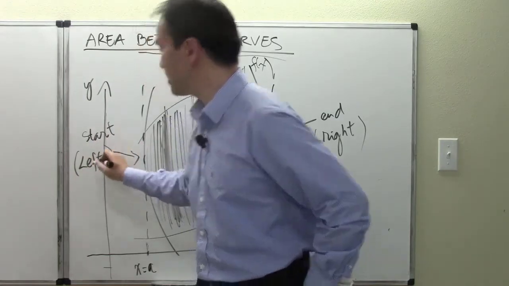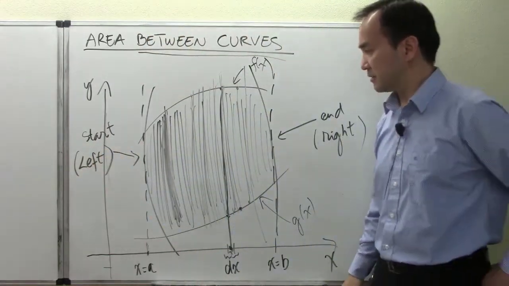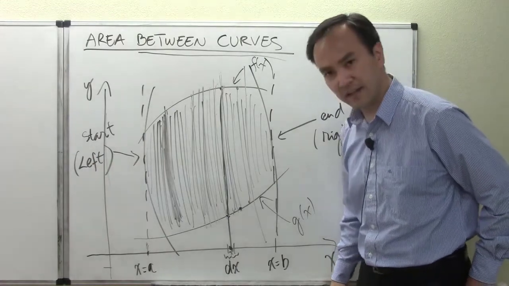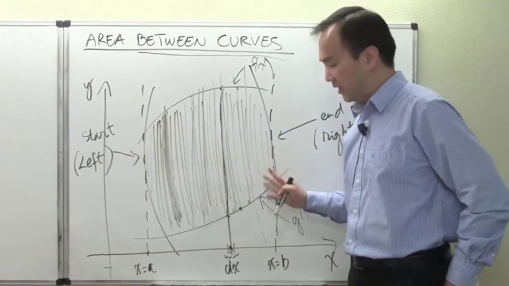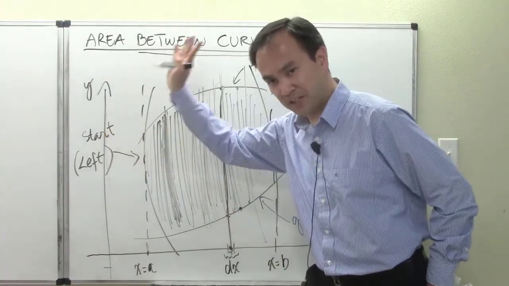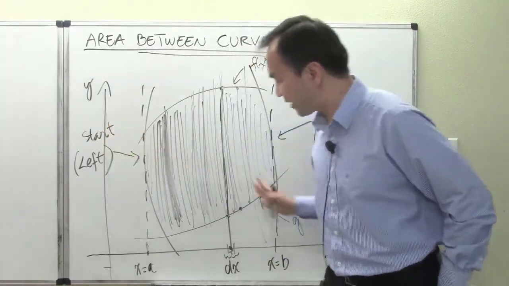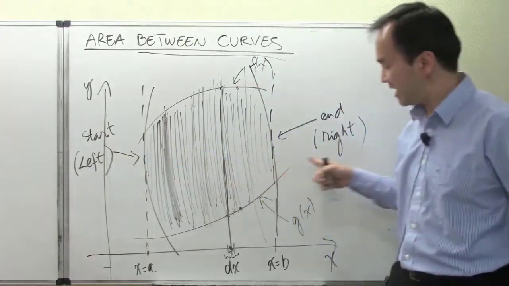It's just the way we look at a graph in math at our level now. Anytime we're looking at the graph, we're looking from the left to the right, and that fits perfectly with the concept that the left is our start and the right is our end.